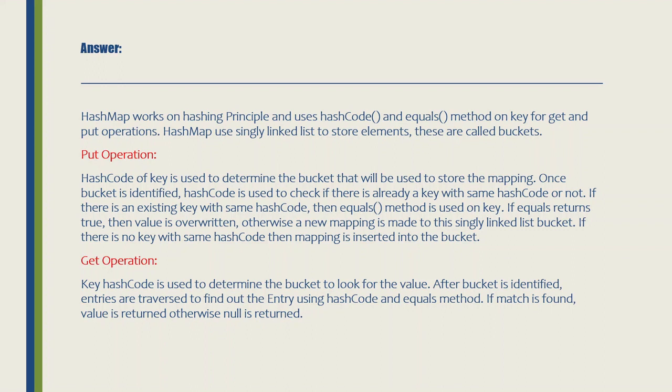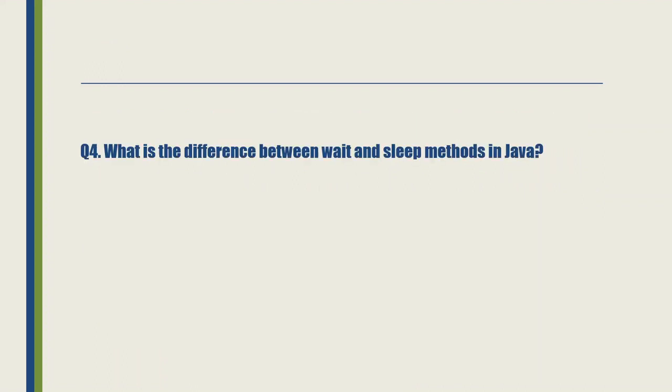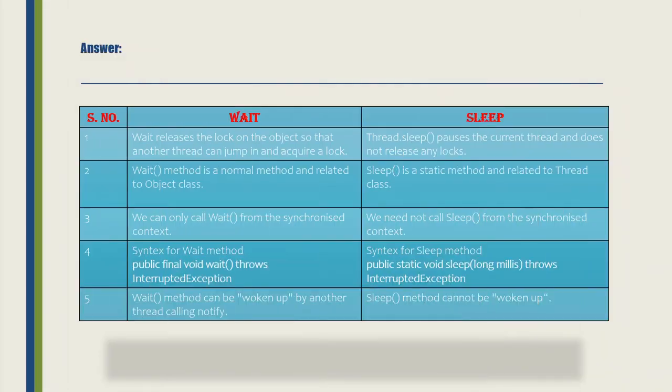Now I am switching to the next question, which is from multi-threading. In any Java interview, if you have worked on multi-threading in your project, we use multiple methods, and some of the important methods in multi-threading are wait and sleep. Now, how should you explain the differences?